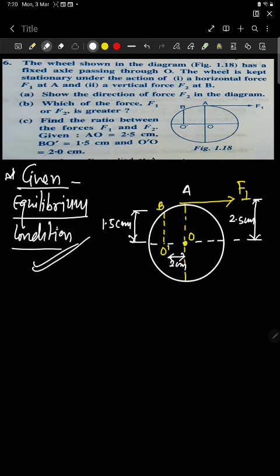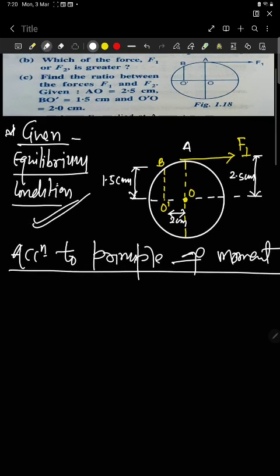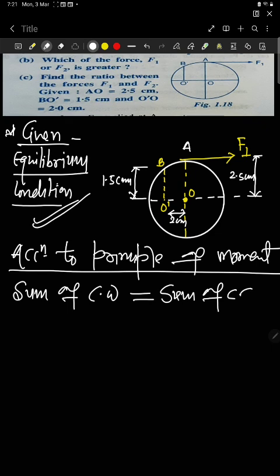According to the principle of moment, if any object is in equilibrium, then the sum of clockwise moments will be equal to the sum of counterclockwise (CCW) or anti-clockwise moments. This point O is the point about which the body is going to rotate.